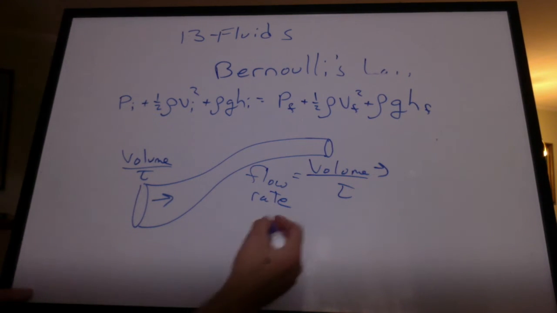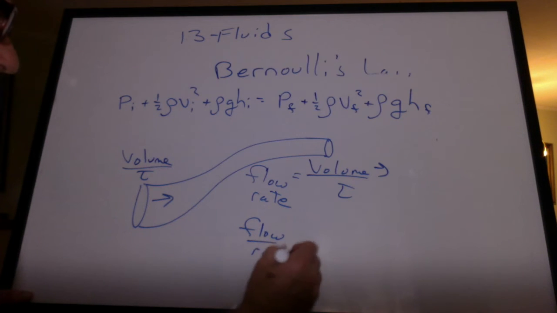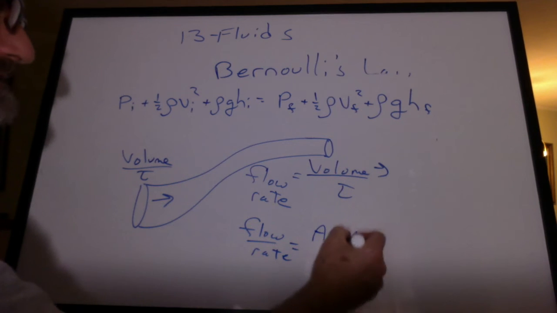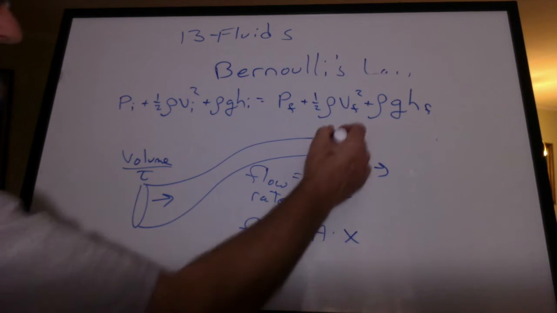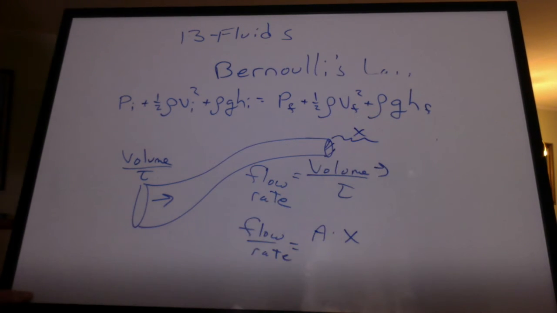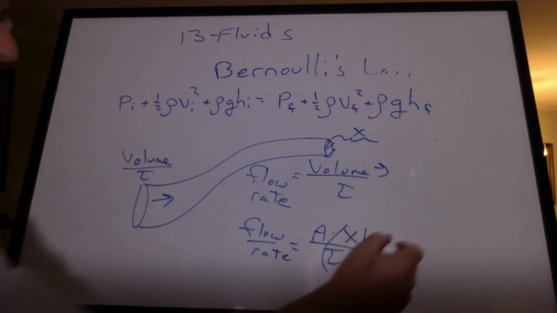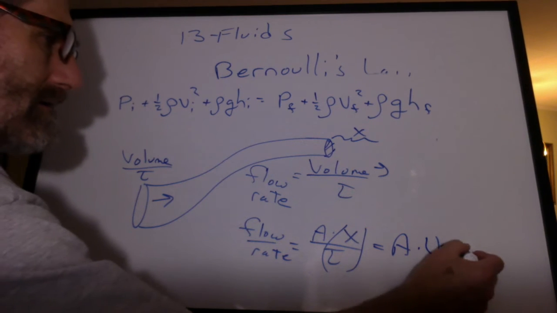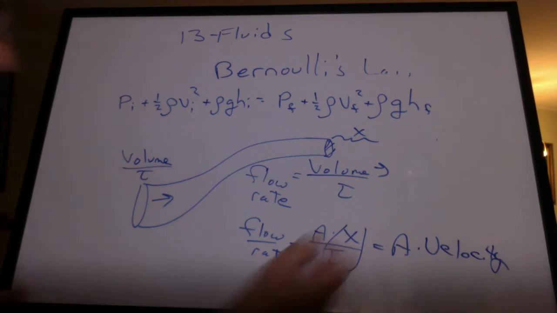So let's figure out what the flow rate is. Volume could be thought of as an area times a distance. So imagine you take that area, multiply by that distance, divide by the time. What do we get? Group that together. It's the cross-sectional area times a velocity. And that's your flow rate.